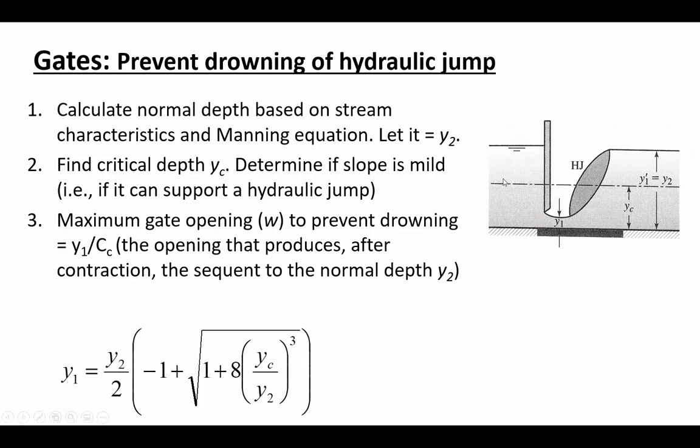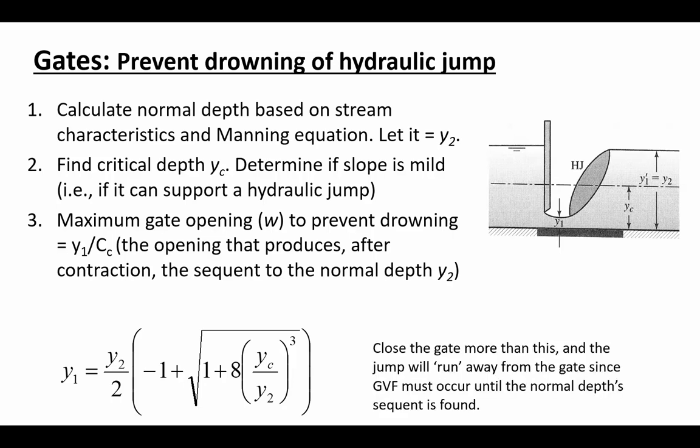So you'd use, in this case, the Belanger momentum equation here, solving for the depth upstream. And previously, I've shown you the version of the Belanger momentum equation that's solving for Y2. And so this is rearranging the equation for Y1 rather than Y2.